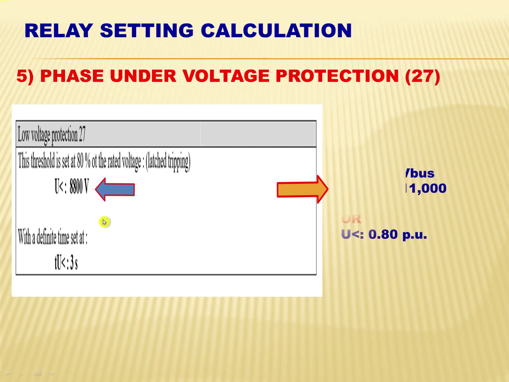So this 80% we just multiply by the bus voltage, which is the 11 kV. So we arrive here at 8,800 volts, or our phase under voltage setting will be 0.8 per unit with a definite time set at 3 seconds.